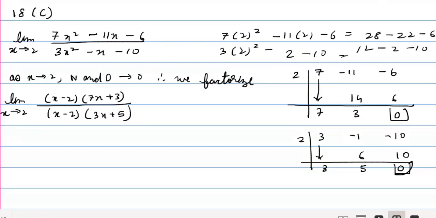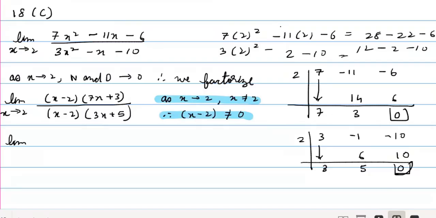Again, you will ask yourself the question, can you cancel this? The answer is yes, you can. But why? Because it is not 0. As x tends to 2, x is not equal to 2. Therefore, x minus 2 is not equal to 0. Writing this is important. Not writing this, you will lose marks.